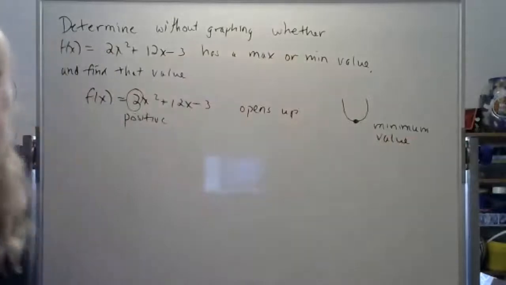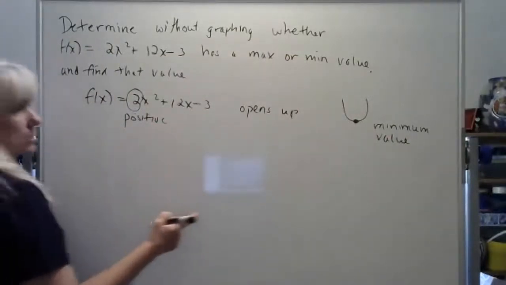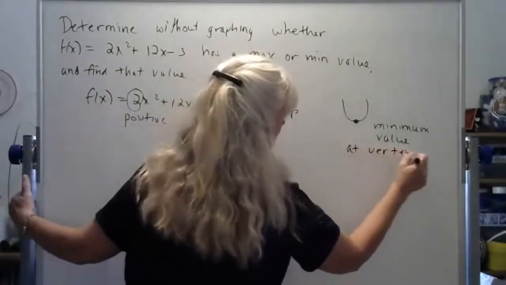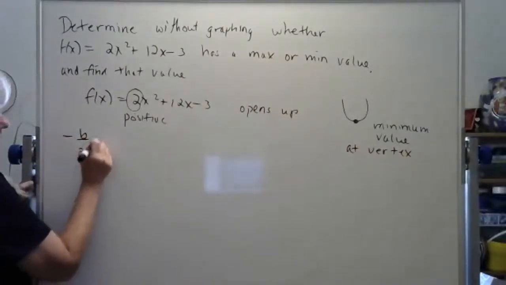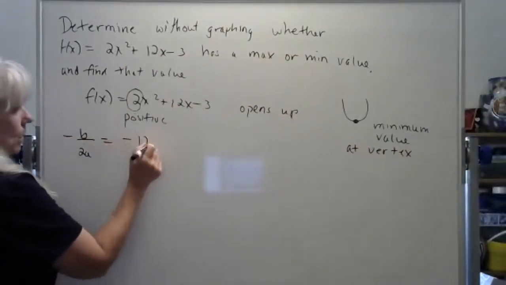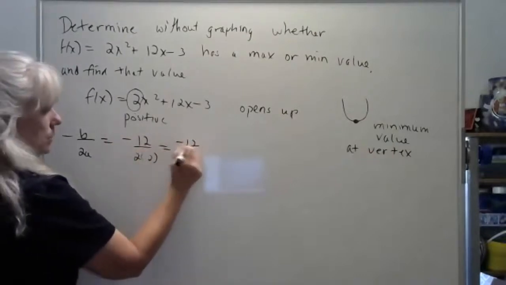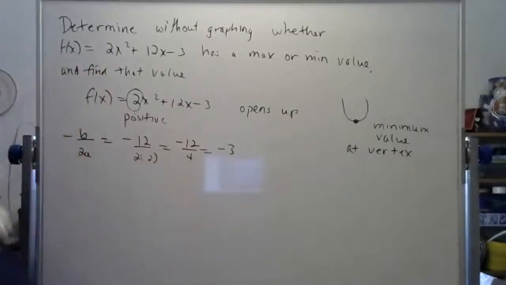But now they want me to go find that. Okay, so that's the vertex. So this happens at the vertex. Well, we know how to do that. That's that magic negative b over 2a. So that would be negative 12 over 2 times 2. So negative 12 divided by 4 gives me a negative 3. Wow, I've had a lot of negative 3s in all my examples.